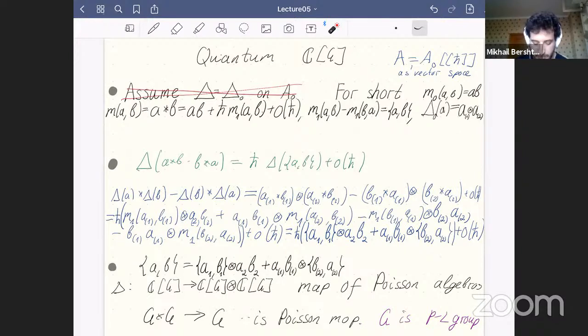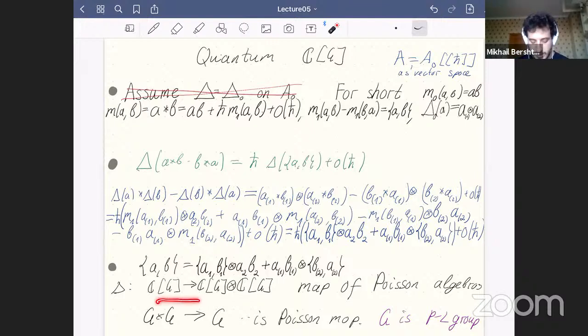It means that if we consider the map delta from C of G to C of G times C of G, this is a map of Poisson algebras. So here we have a Poisson algebra because we have a deformation, and the Poisson structure here is defined, of course, you can say, by this formula. This is just, in dual language, a product of two Poisson varieties.